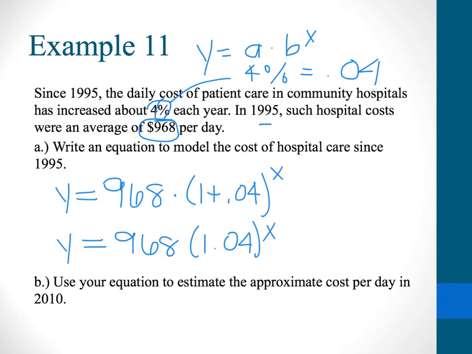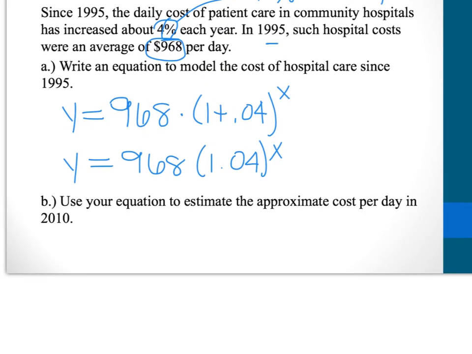So for part B, it says use your equation to estimate the approximate cost per day in 2010. So I'm going to use that equation I just came up with, y equals 968 times 1.04 to the power of x, and I'm going to have to plug in some value for x. This is where things get a little tricky sometimes.